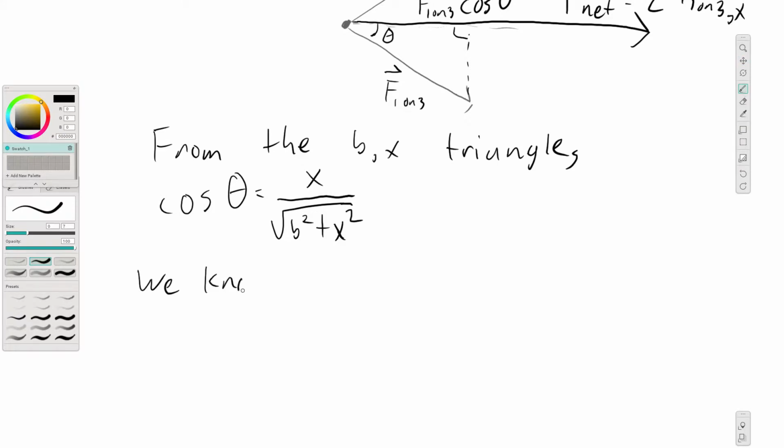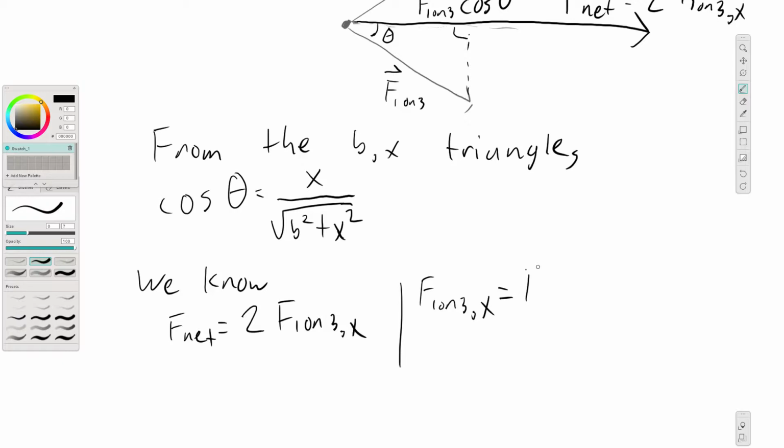We know that our F net is equal to 2 times F of 1 on 3, comma x. We figured out that F of 1 on 3, comma x is equal to F of 1 on 3 cosine theta.